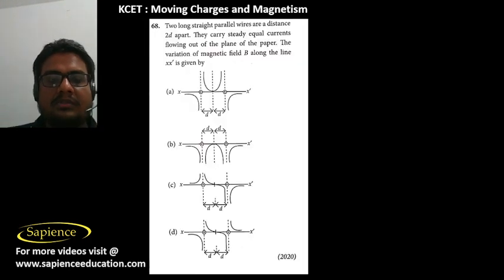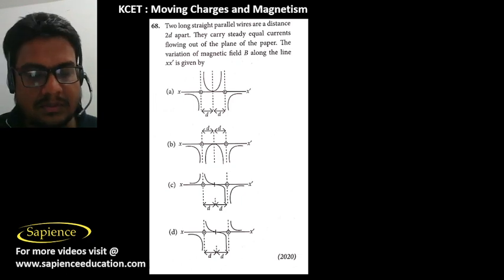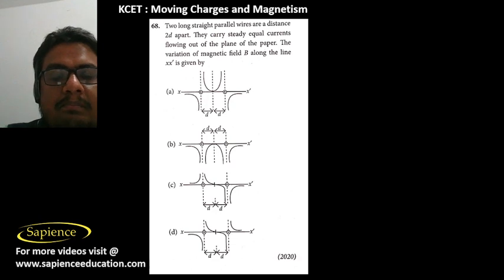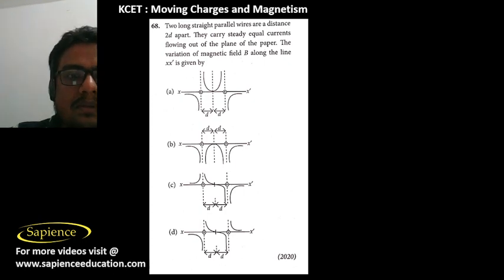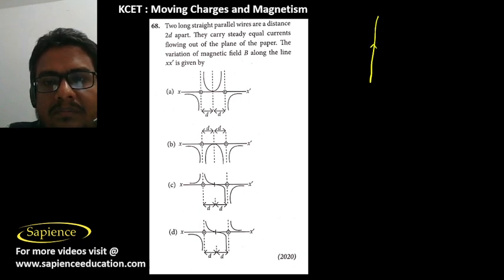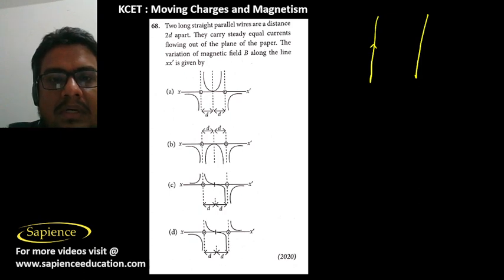Then in question number 68, which is the last question of this chapter on KCET. Here it is told two long straight parallel wires are at a distance 2d apart. They carry steady equal currents flowing out of the plane of the paper.